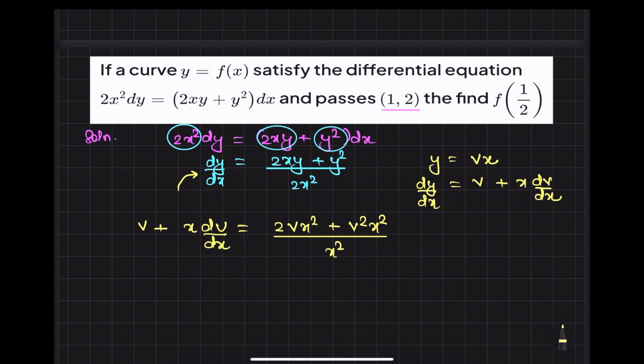If you observe, you can take x square common and cancel it. So you will be having (2v plus v square) by 2.